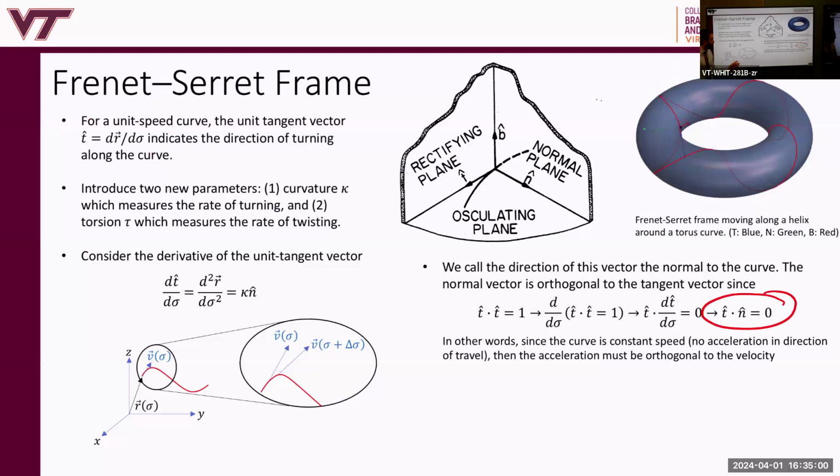So if a curve is accelerating but maintaining constant speed because it's a unit speed curve, then the acceleration has to be orthogonal to the velocity because you're not changing the kinetic energy, right? You're not changing its speed. So if it's accelerating and not changing its speed, then it has to be changing direction only. And therefore the acceleration and the velocity are orthogonal. Yeah, that's another way to look at that.